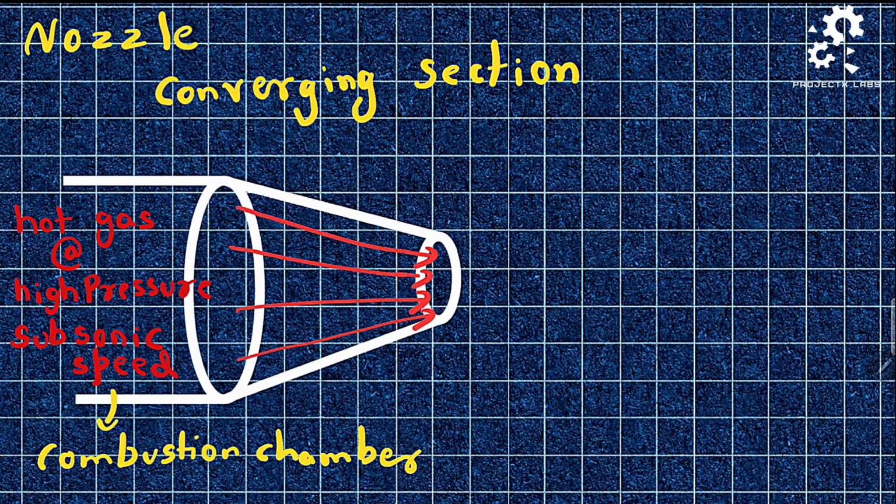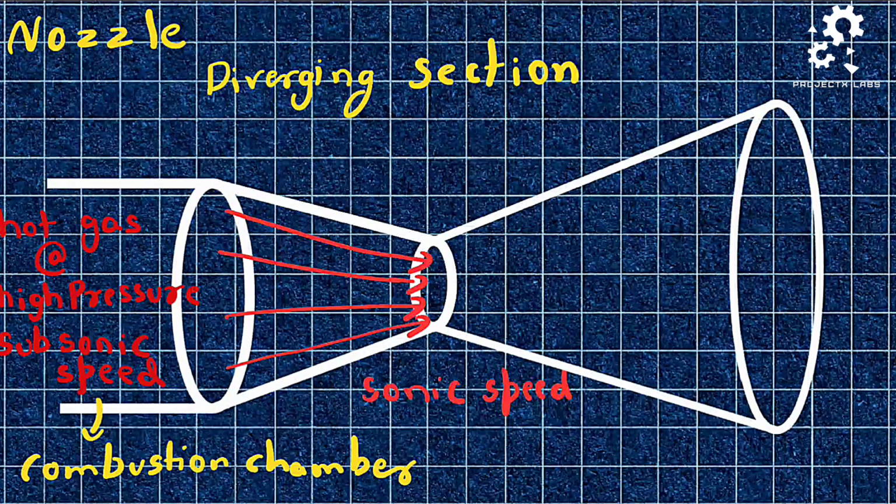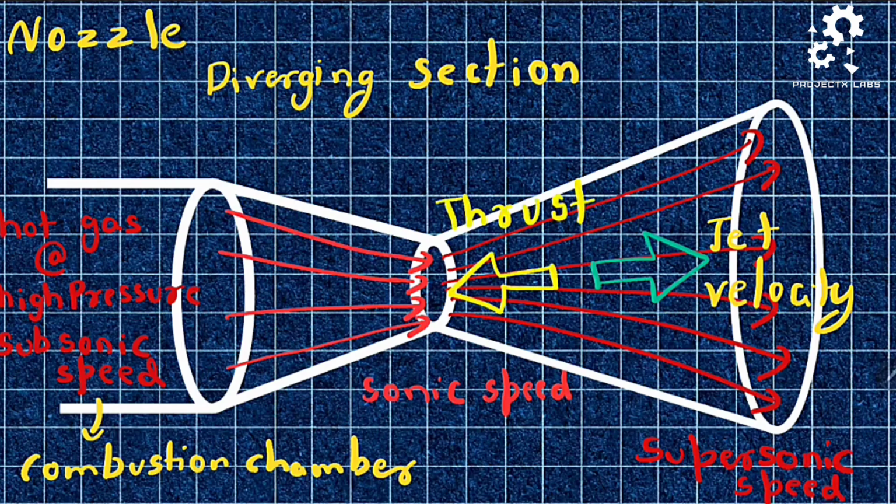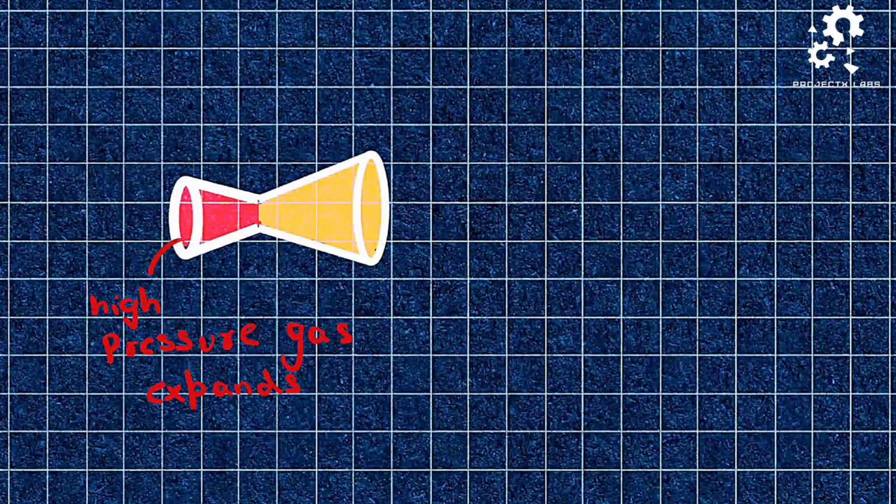The gas is accelerated in this section to reach sonic speed. Once reaching sonic speed, the diverging section is employed to accelerate it further to supersonic speed such that the high-speed jet can provide enough thrust for the rocket's liftoff.